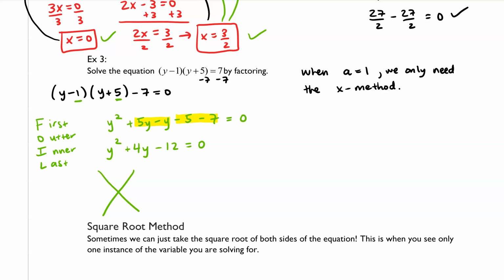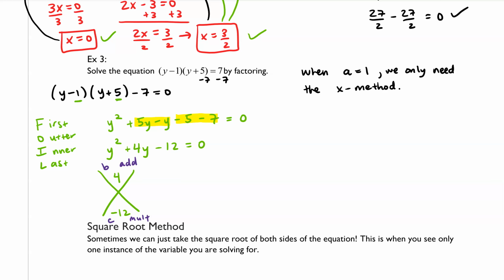So I'm going to put b on the top. Our b value is 4. And then I'm just going to put c on the bottom, and our c value is negative 12. We want to figure out two numbers that add to 4 and multiply to negative 12.